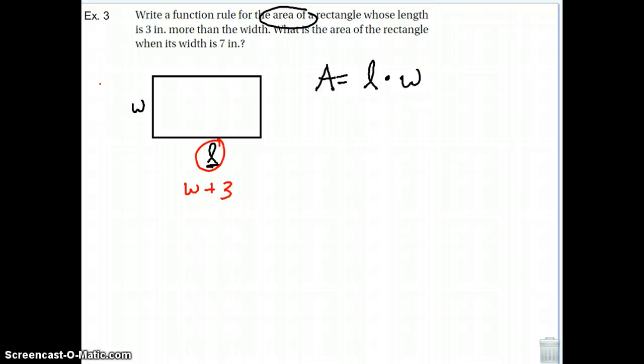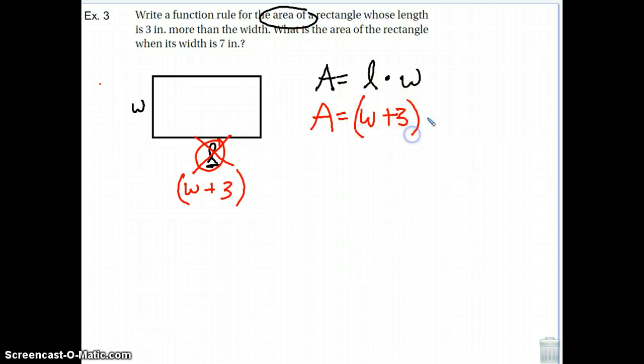I can cross this L out, and W plus 3 means the same thing, because up here it says the length is 3 inches more than the width. So now I have W and W plus 3. Instead of writing L, I can substitute W plus 3. So I'm going to write W plus 3 times W. Now look, 2 W's, that's it. I don't have any L's, so now I only have one variable.